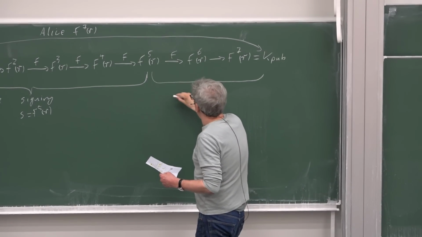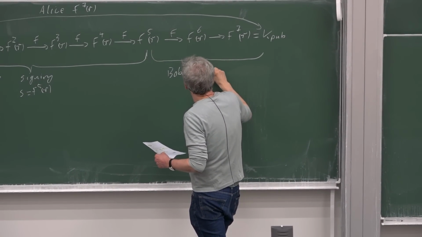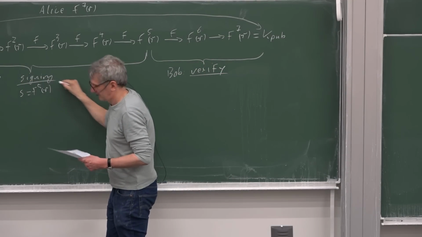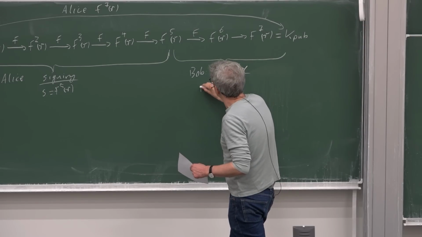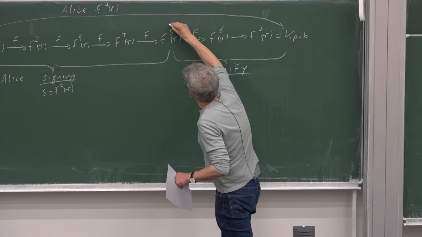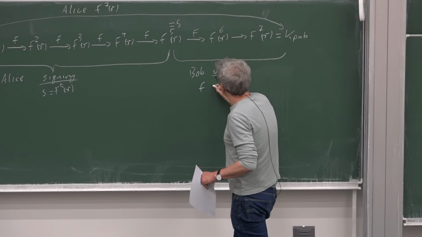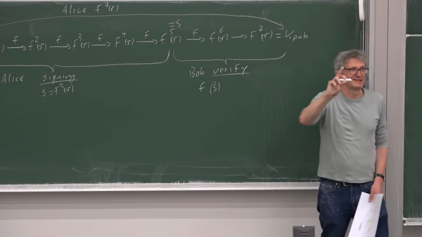we have to be careful. Bob verifies. Bob verifies by taking S, right? This turns out to be equal to S here in our example. He takes S, and this is a question.